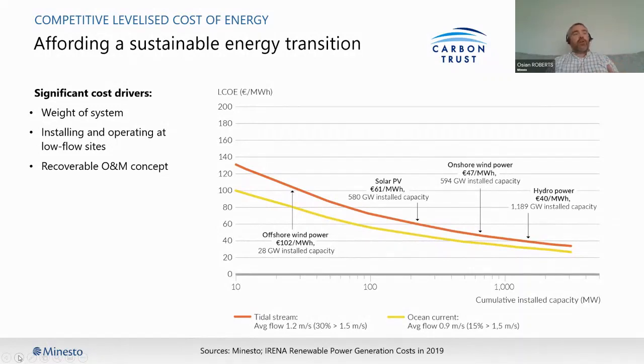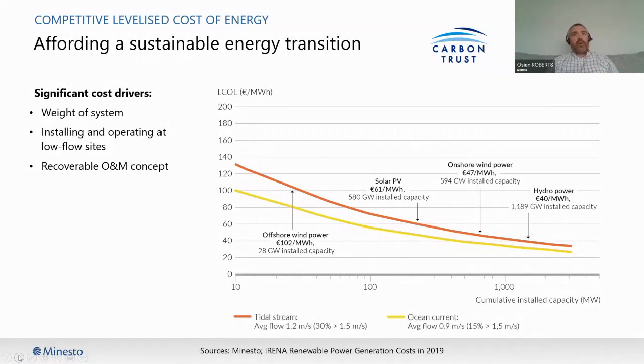And the cost drivers that enable that are our ability to produce these turbines with a significant yield at a really low relative weight. So the weight of the system is fantastically adaptable and low.